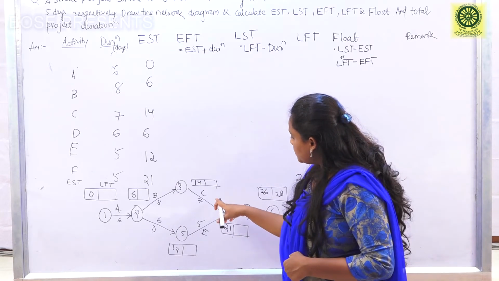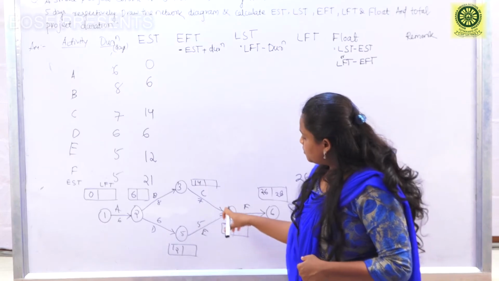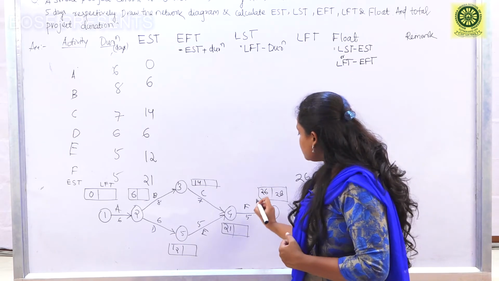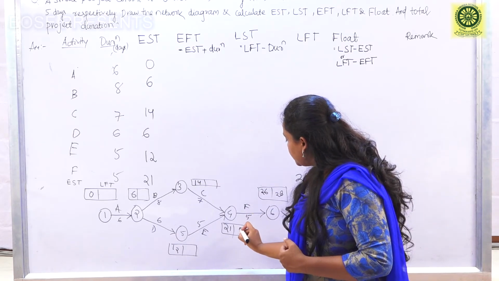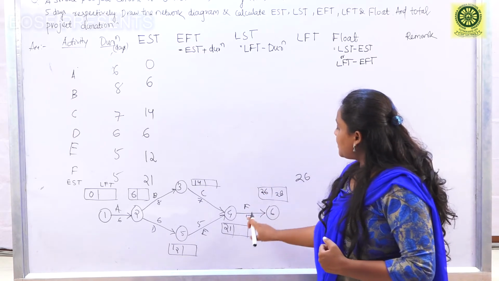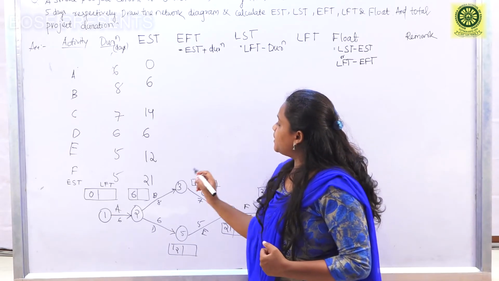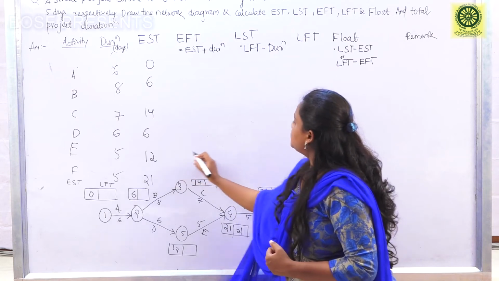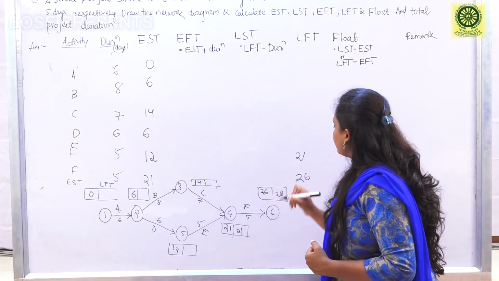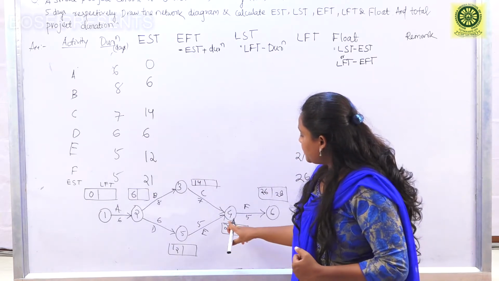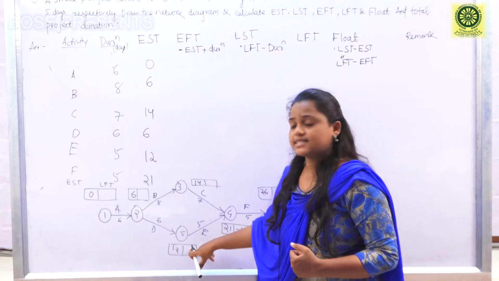After F there are two activities. So for activity C, the LFT will be 26 minus 5, that is 21. So it requires 21 days for the latest finish time. Then for activity D, 26 minus 5, that is 21 minus 5, that is 16.